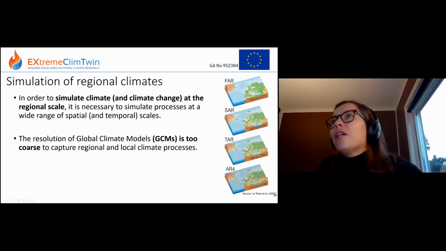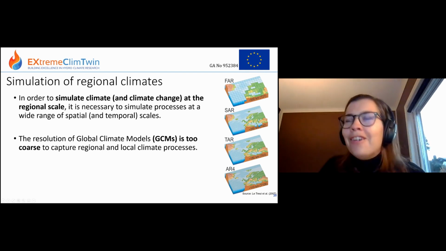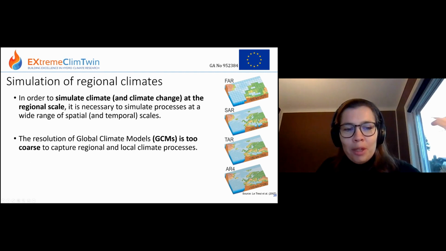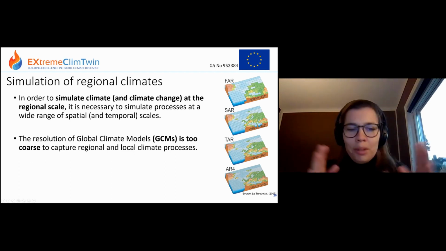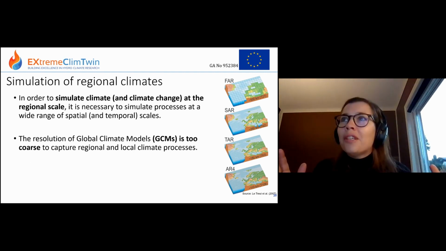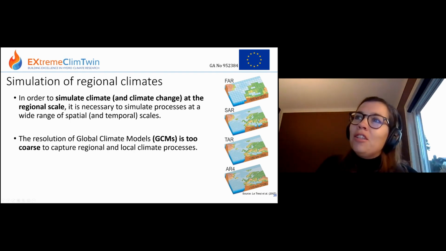So for example, on the right side, you have the grids of the different climate models at the beginning. For example, at the beginning you had a grid spacing of 500 kilometers, and then it went to 250, 180.